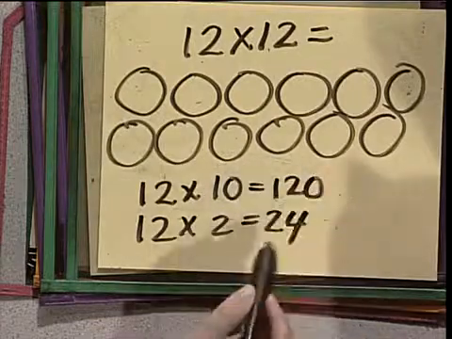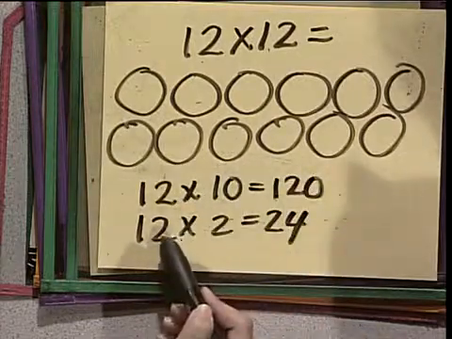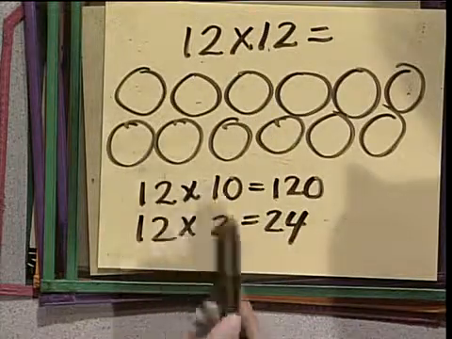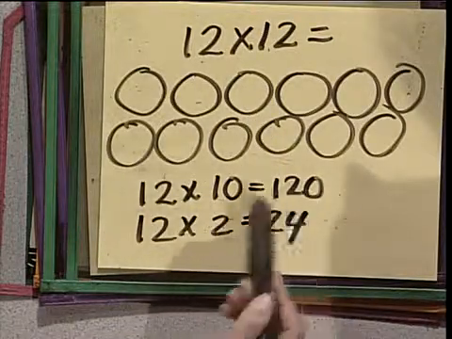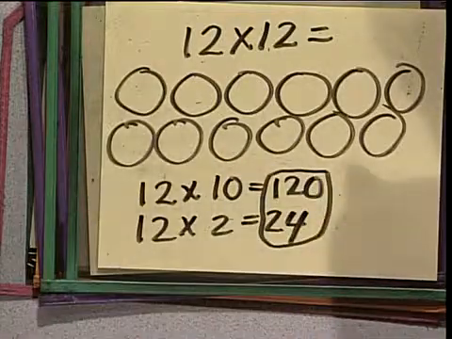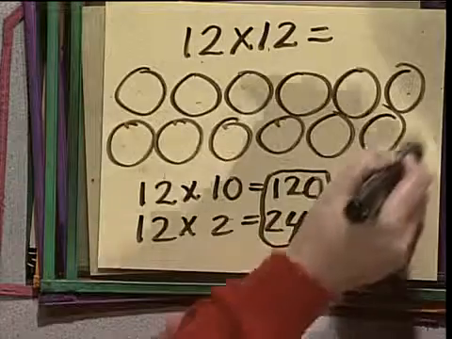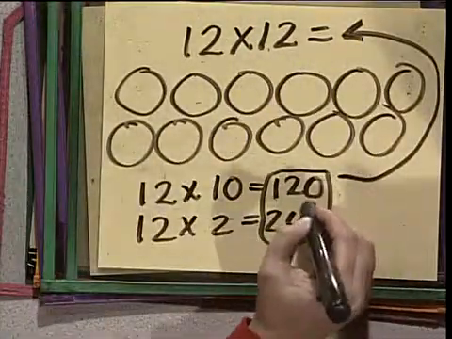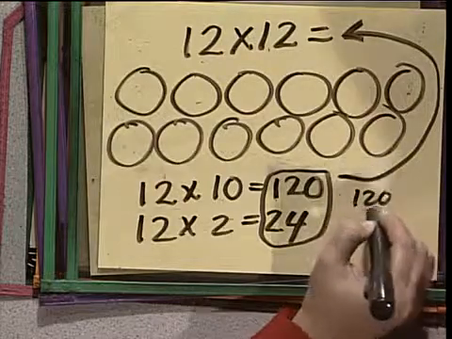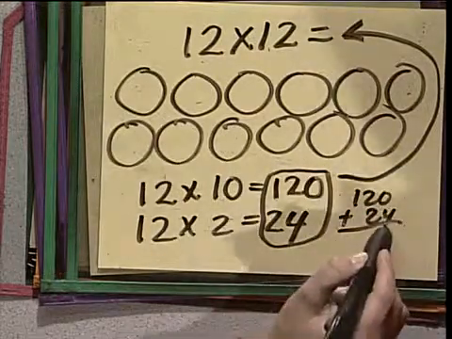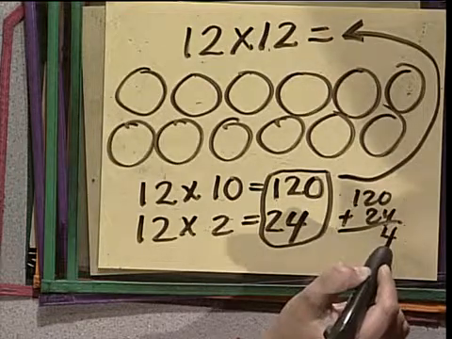This is a great method because if you know your easier facts, if you just break apart or decompose that other number into 2 different facts, then you can take those answers and put them back together like a puzzle and get the answer to your original question. So if I take 120 and 24 and add them back together, what's 4 plus 0? 4.